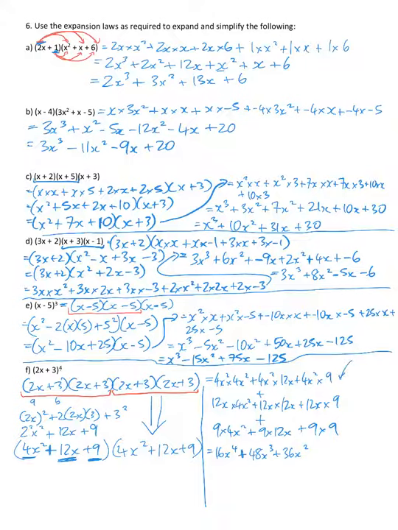The second line, 12x times 4x squared is 48x cubed, plus 12x times 12x is 144x squared, plus 12x times 9 is 108x. So that's the second line done.